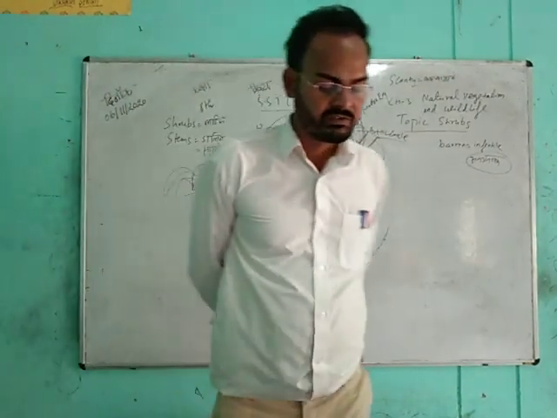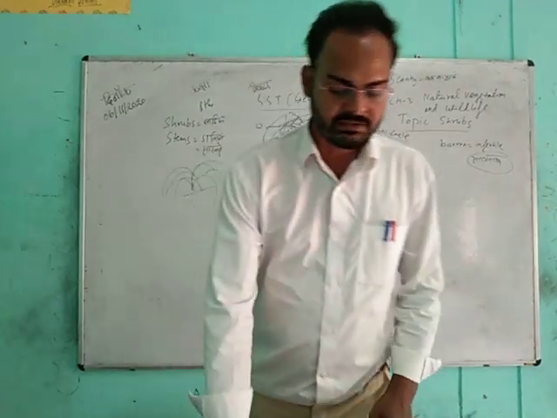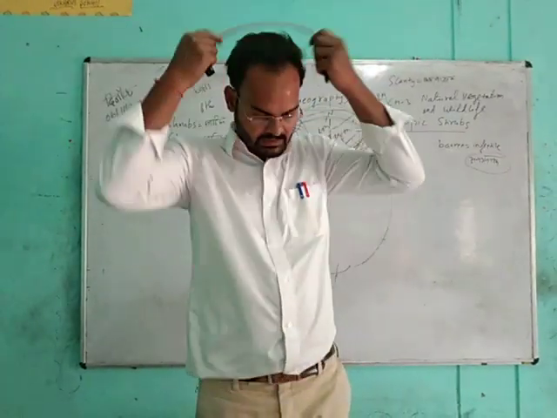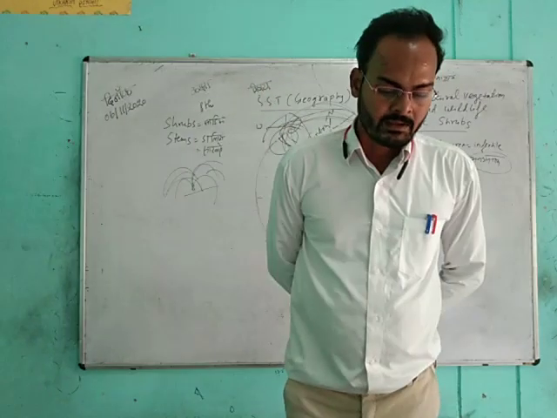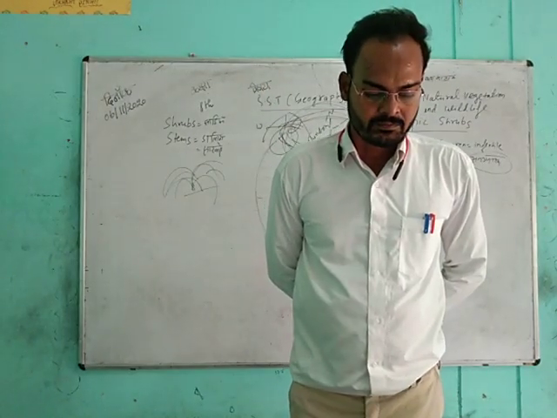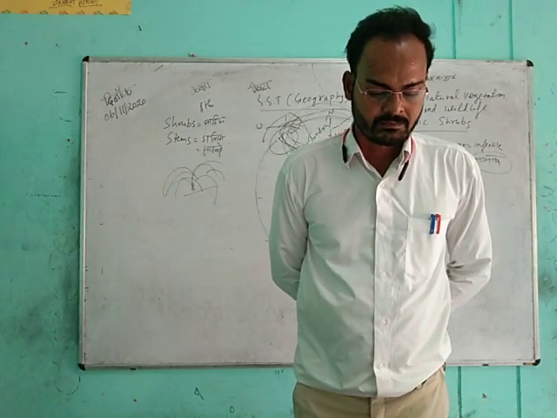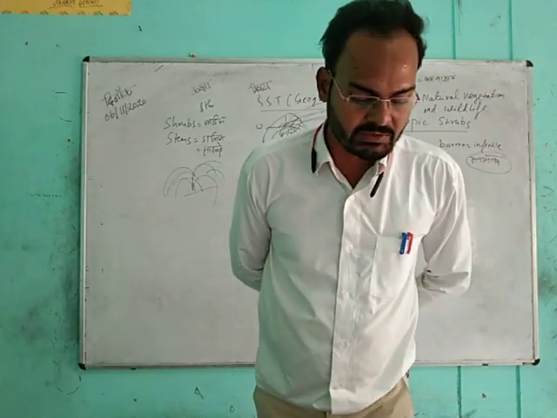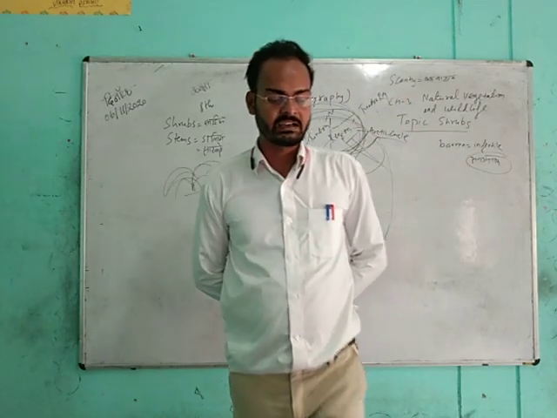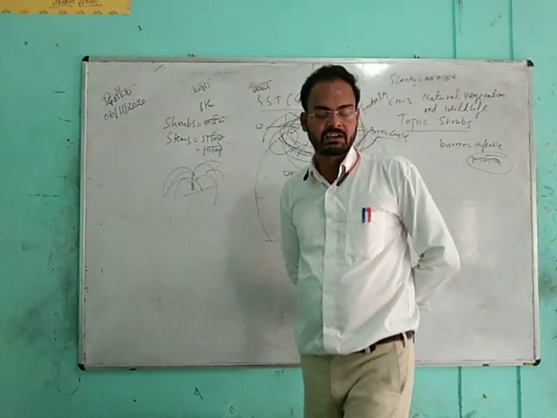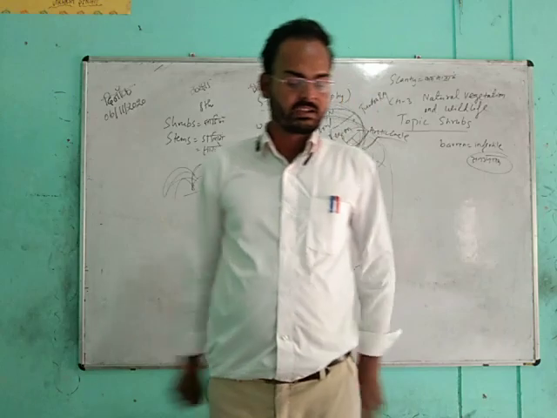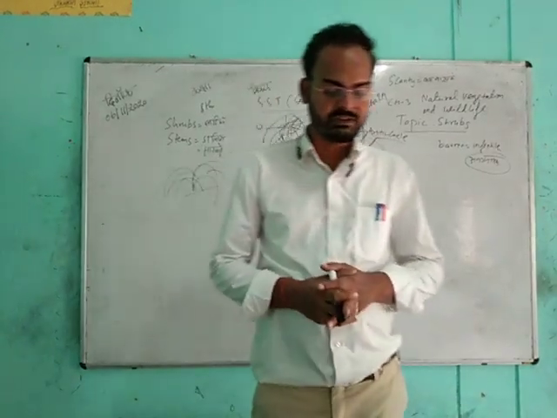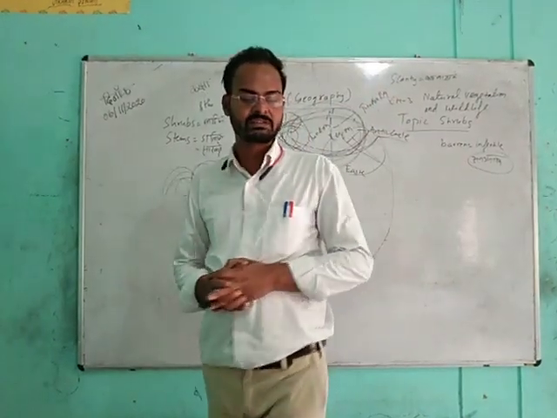And students, this region extends over the northern part of Canada and Alaska, southern Greenland and the northern part of Eurasia, bordering the Arctic Ocean. The severe winters and heavy snow cover do not allow any substantial plant to grow.